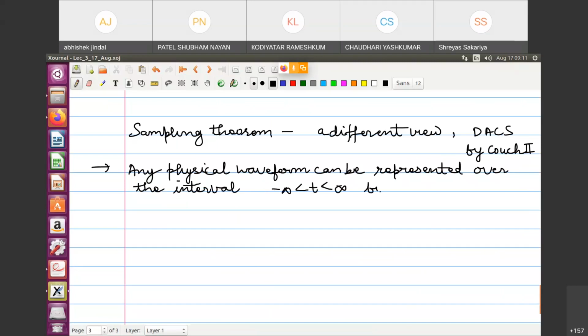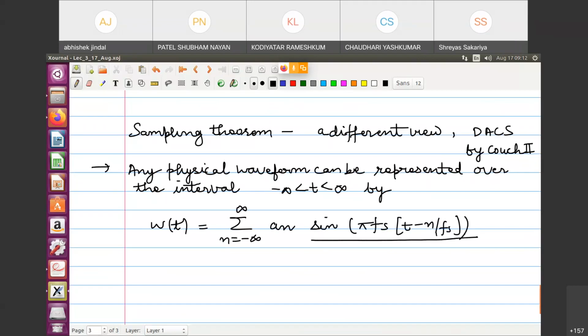Okay, so w(t) is equal to the summation n equal to minus infinity to infinity of a_n times sinc of pi f_s (t minus n by f_s). This is basically the sinc function.